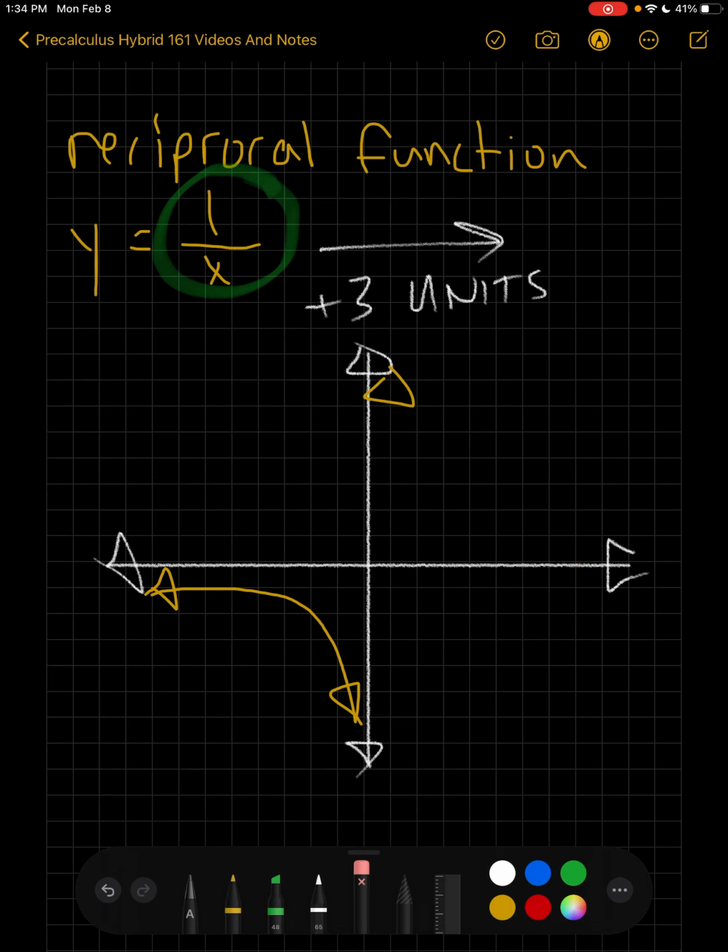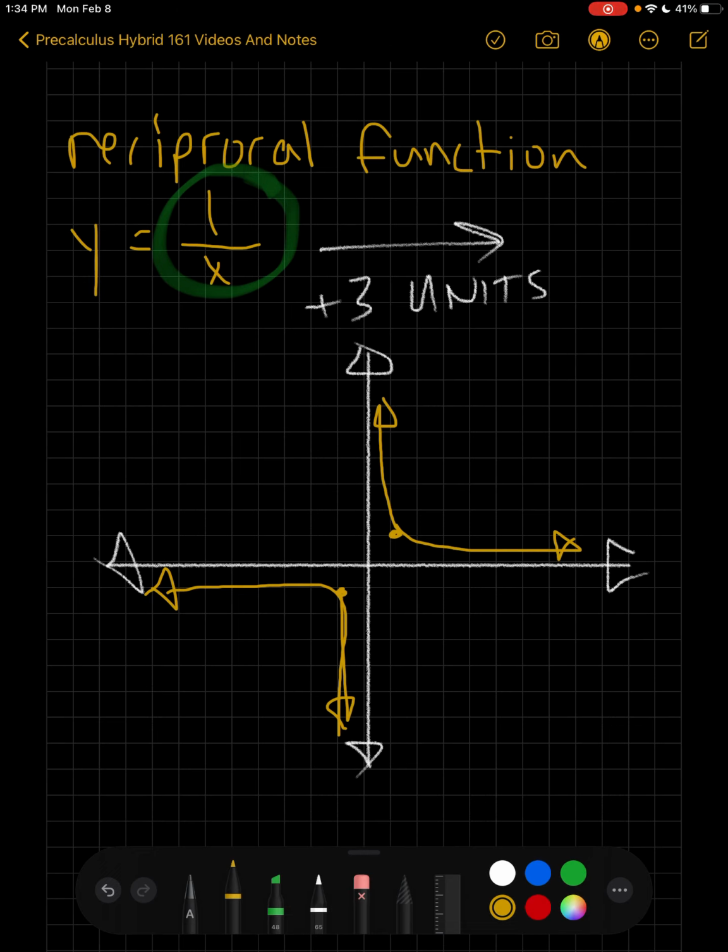Mine's very messy here. Let's make it neater. We know that it goes through the points 1, 1, and negative 1, negative 1. It has that kind of U shape. And that's what our reciprocal function looks like. And all I'm going to do is drag this over by 3 units.